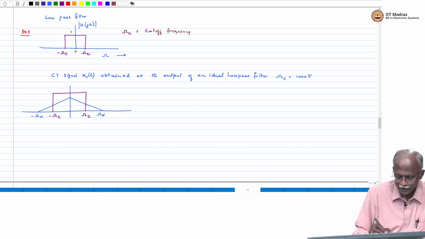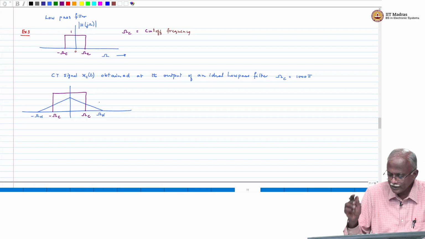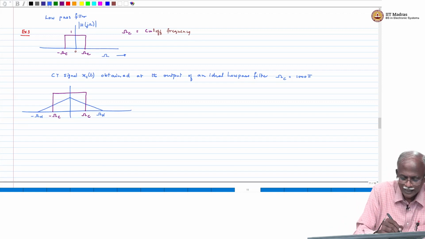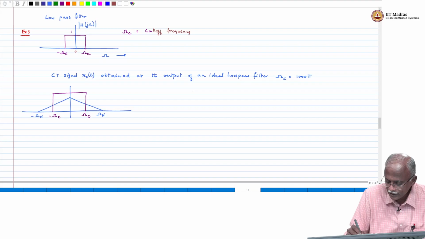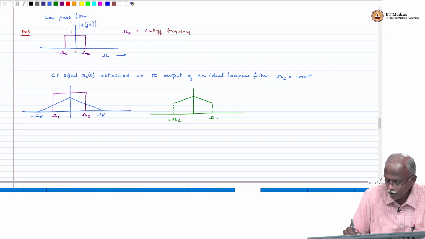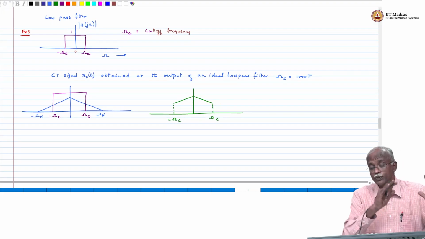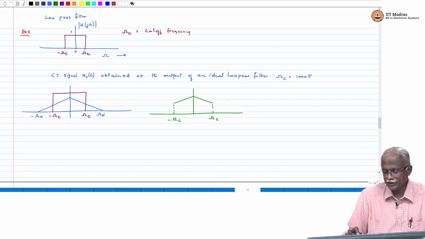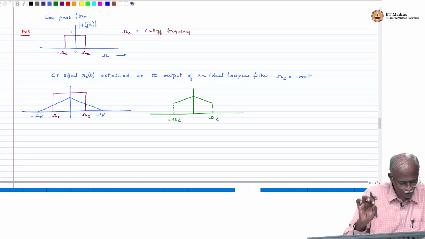So when they say that you are looking at the output of a low pass filter with omega c, you are thinking of a signal that looks like this and has a limit at omega c, with no frequencies above omega c. The original signal, the blue signal, had frequencies above omega c, but at the output of the low pass filter, this is what you are seeing.